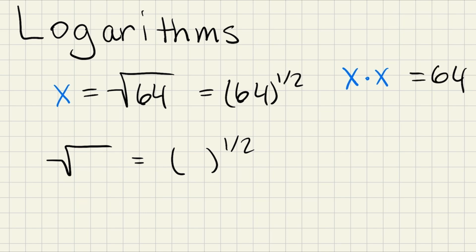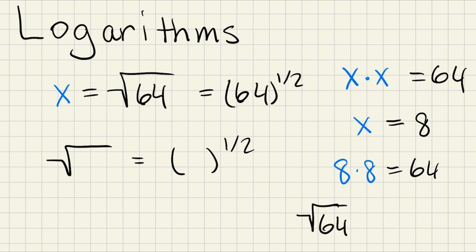So we're asking, what number multiplied by itself gives 64? And after thinking about it for a couple of minutes, we can see that the answer is 8. 8 times 8 is equal to 64. So when we use roots, we're solving for the base, or a, in the equation. That is our unknown.